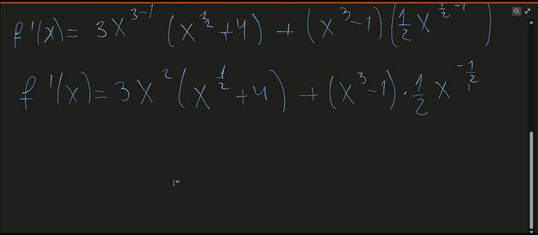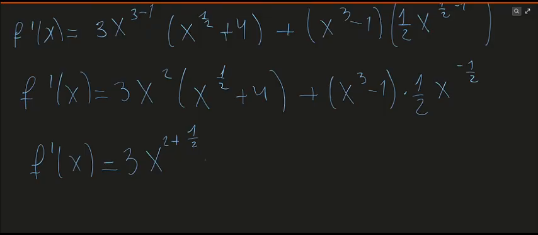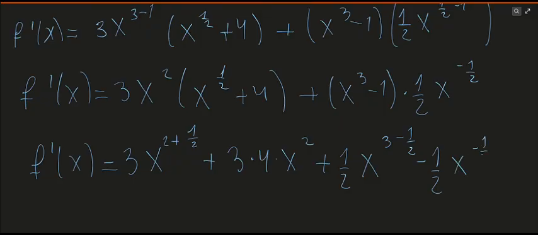So let's actually distribute the parentheses now. F prime of x is equal to 3x squared, x to the power of 2 plus 1/2, plus 3 times 4 times x to the power of 2, plus 1/2 x to the power of 3 minus 1/2, minus 1/2 x to the power of negative 1/2.